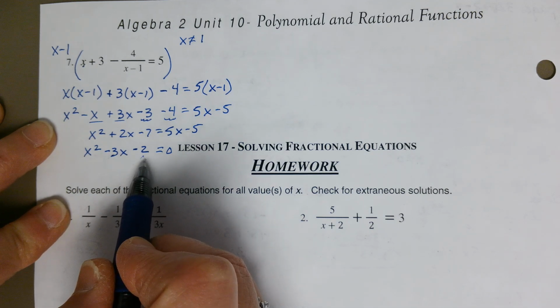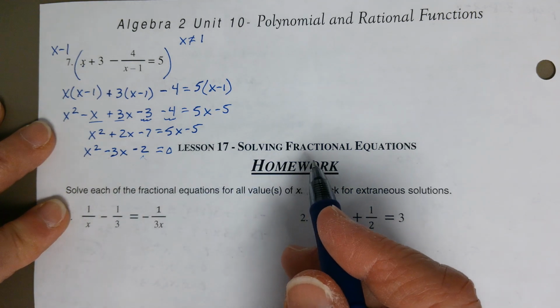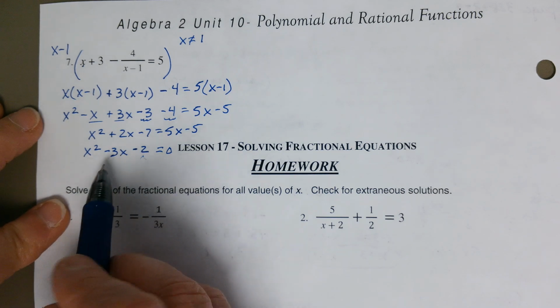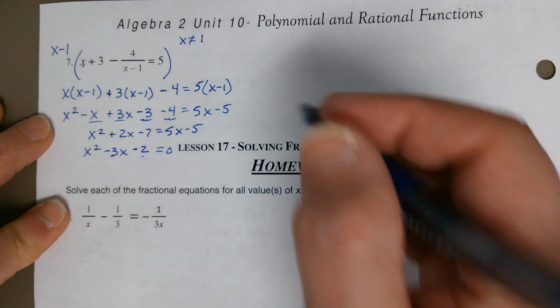Negative 2 and 1, nope, this does not factor. It's not factorable. Okay, so when it's not factorable, quadratic formula or complete the square. The coefficient of x is odd, so I don't think most of you would try complete the square because we'll end up with fractions. So, quadratic formula.